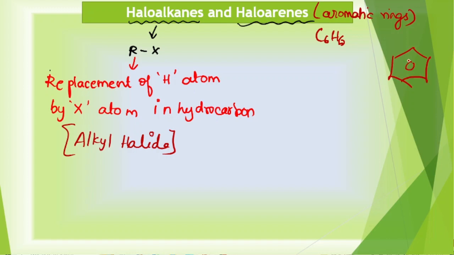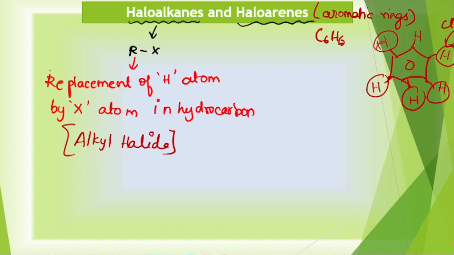In benzene, if three double bonds are there, everywhere hydrogen will be attached. So one hydrogen will be replaced by either chlorine or bromine. Not only one hydrogen, any number of hydrogens can be replaced by chlorine, bromine, iodine. That is called haloarenes.